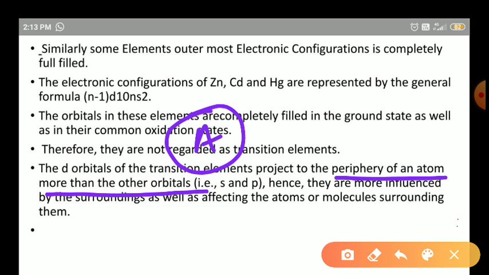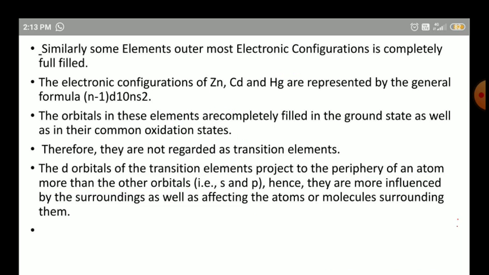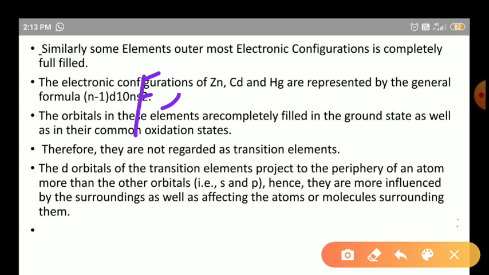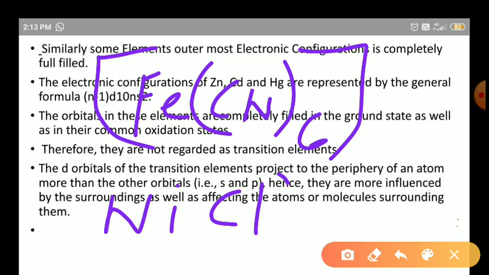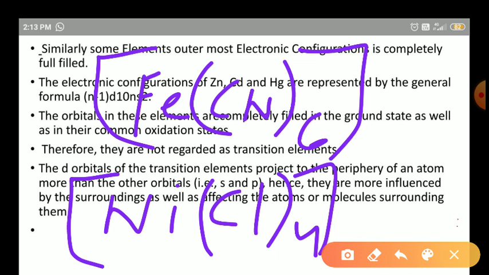Okay, I will show you like this. The Fe(CN)6, or the nickel tetrachloride.